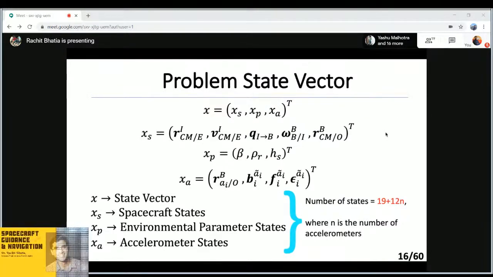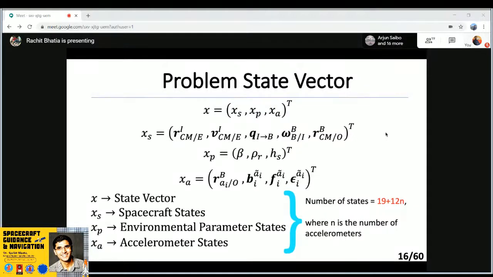So I set up a problem state vector. The state vector is the very first one, X, and it has three major subcomponents. I've done the segmentation so that it is easier to read.